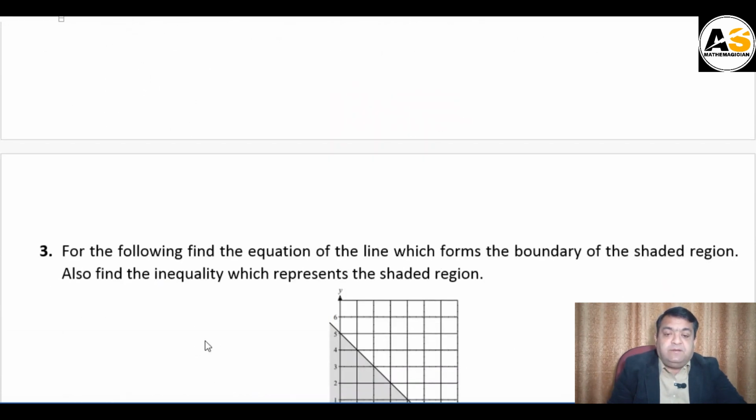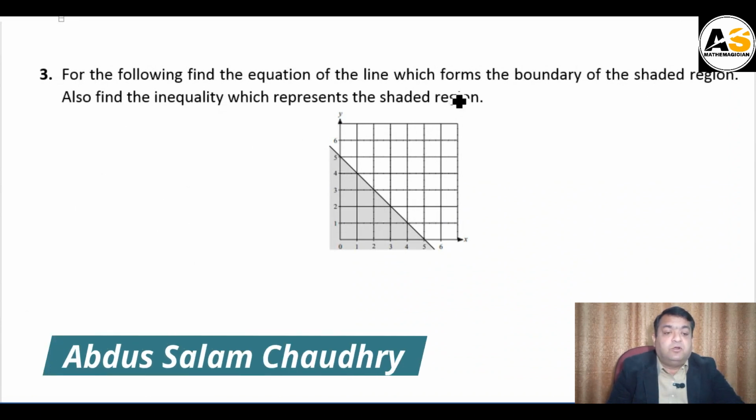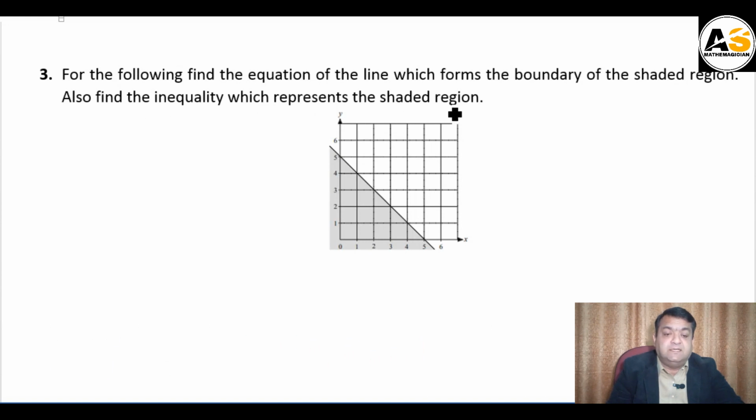Next question, same type of question. For the following, find the equation of the line which forms the boundary of the shaded region. Also find the inequality which represents the shaded region. This is basically the line. You can easily pick 2 points. One point is 5, 0. The second point is 0, 5.